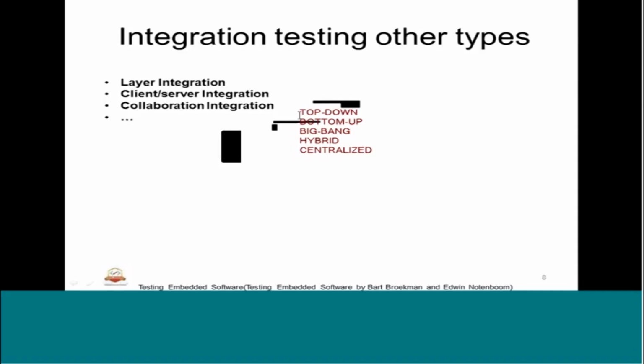But these above five are very important. Most of them are used. Additionally, we can use layer integration, client server, collaboration integration, etc. So likewise, there are many types, but these are the main types of integration that can be looked into. Okay.